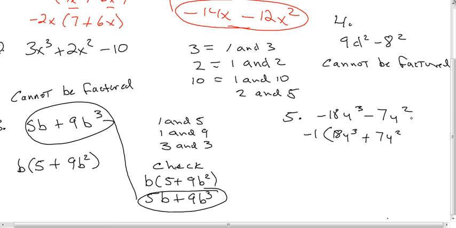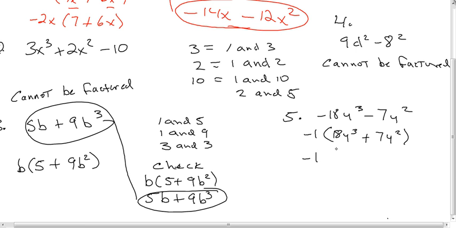Now we still can factor out y squared from both terms. Since both terms have y, we can factor out y squared because it's the smallest power. But as we do that, we must carry our -1 along with us.